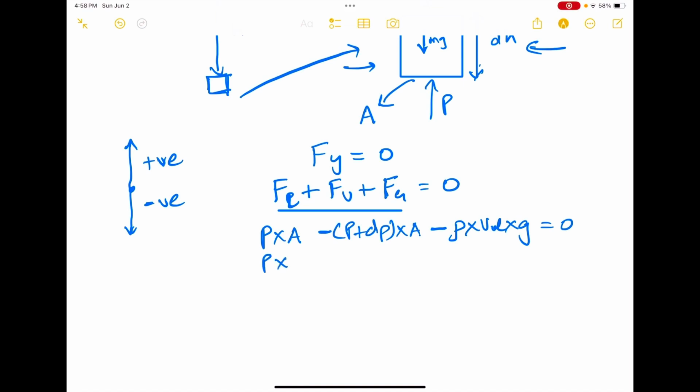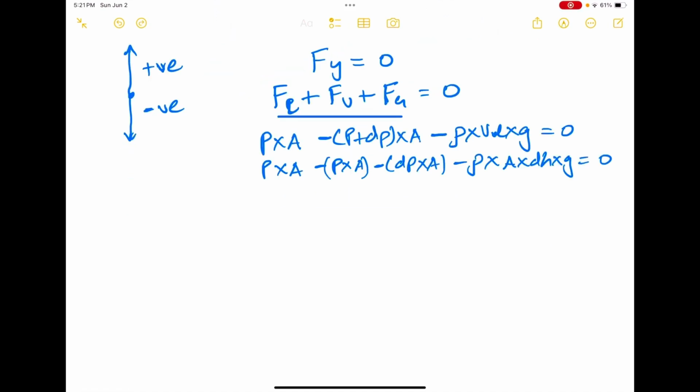Solving the equation further, we get P times A minus P times A minus dP times A minus rho times the volume. Now the volume of this cubical element will be the surface area of one side times the height, multiplied by gravitational acceleration, and the sum of all these will be equal to 0.